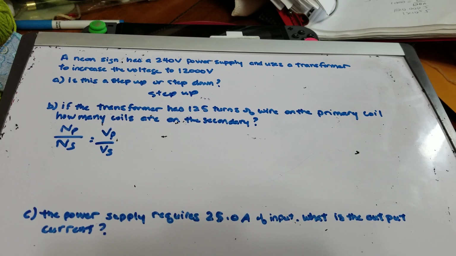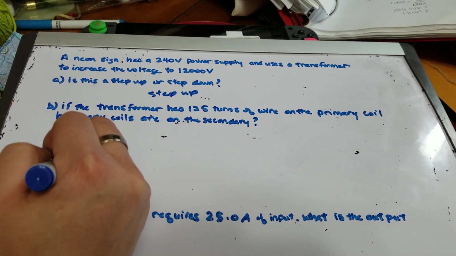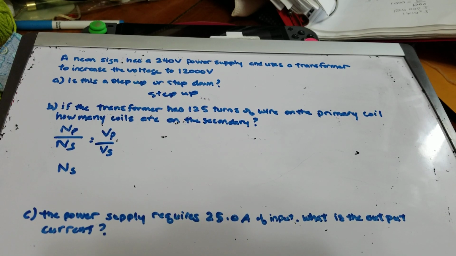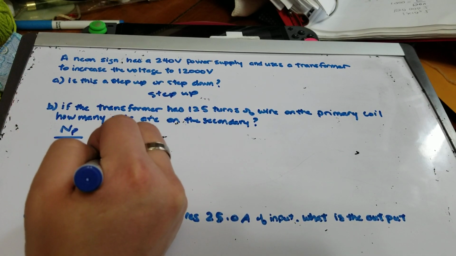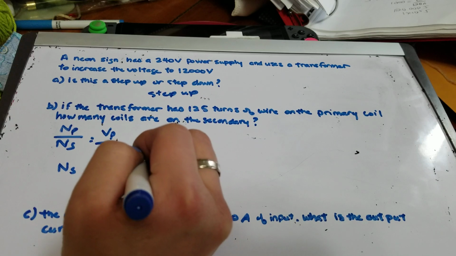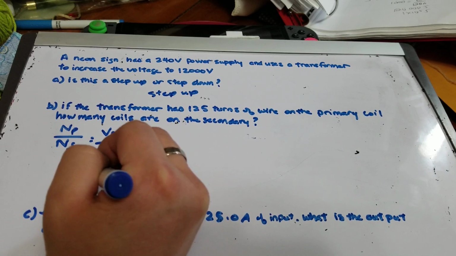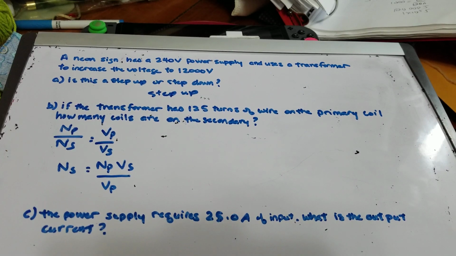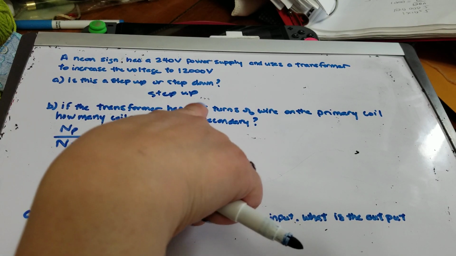Now, if you rearrange this equation, you get NS, because that's what you're looking for. Number of coils on the secondary is equal to NP times VS divided by VP. Now, do you have all this information? Yes. Okay. So NS is what you're looking for, number of coils on the secondary. Number of coils on the primary you have, it is 125.